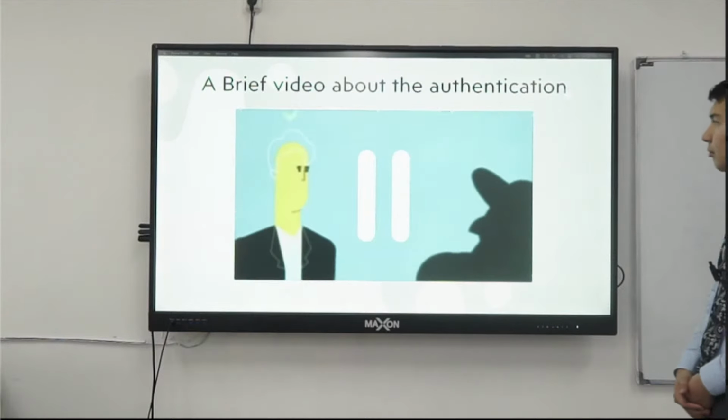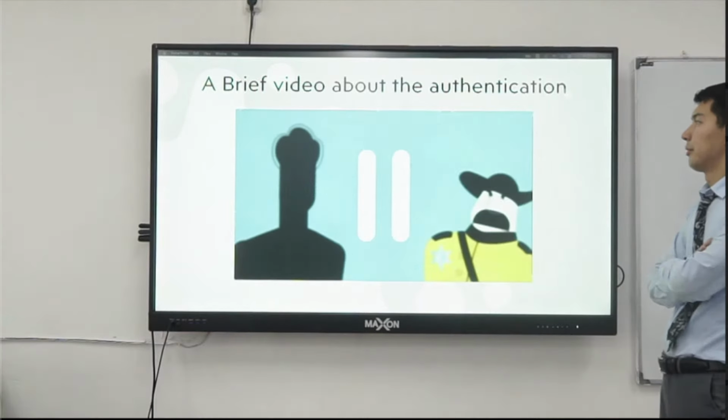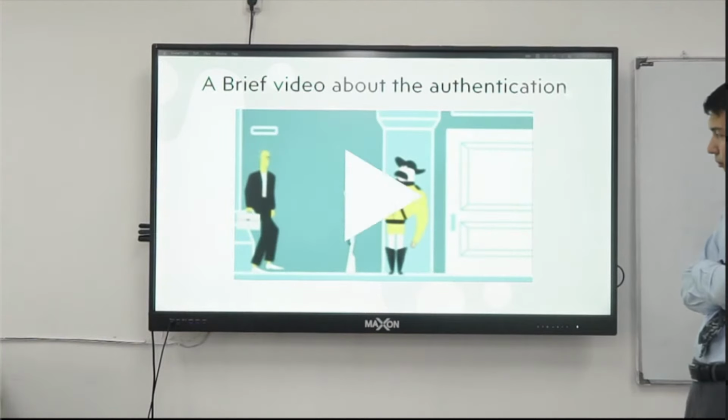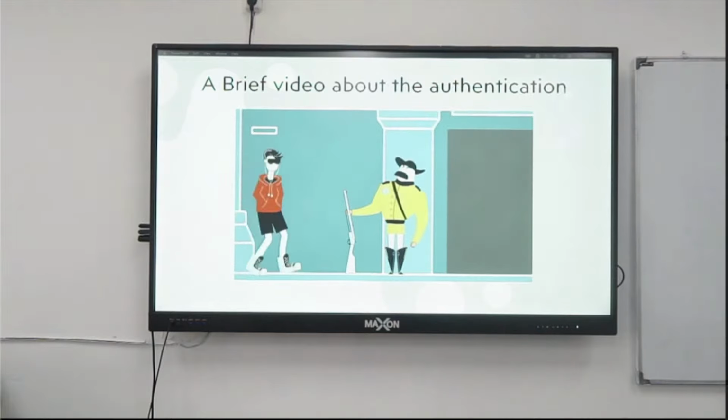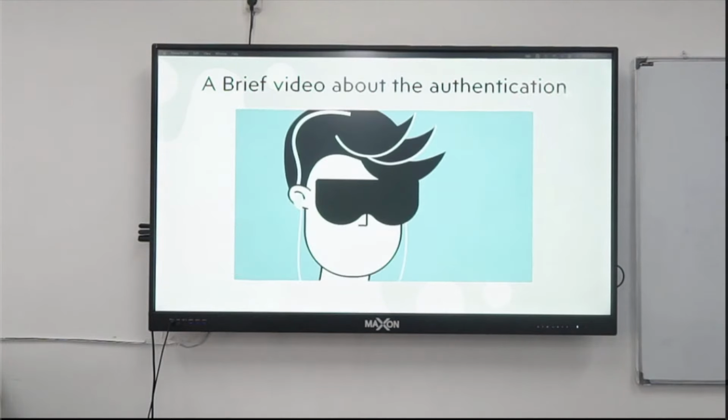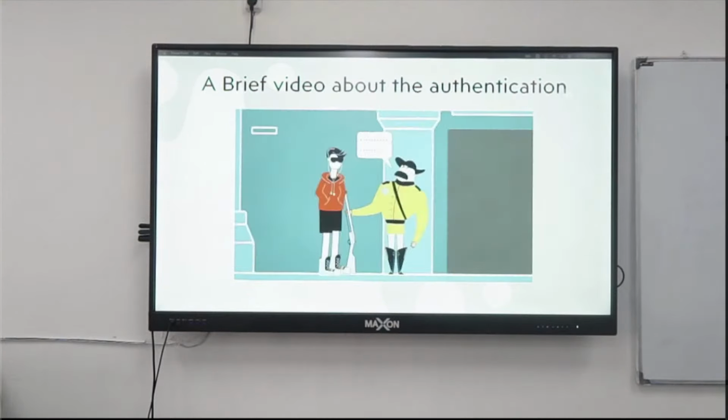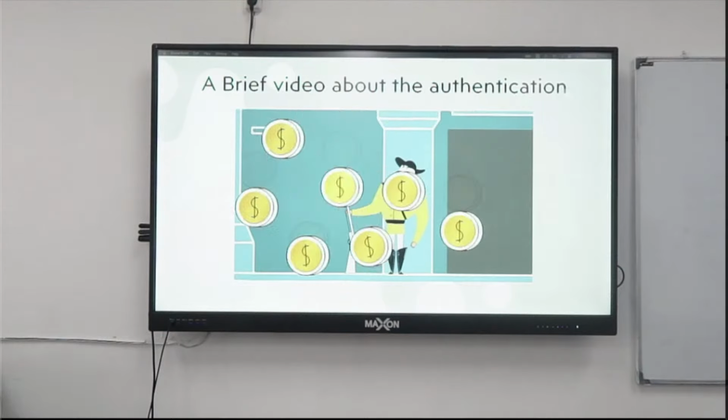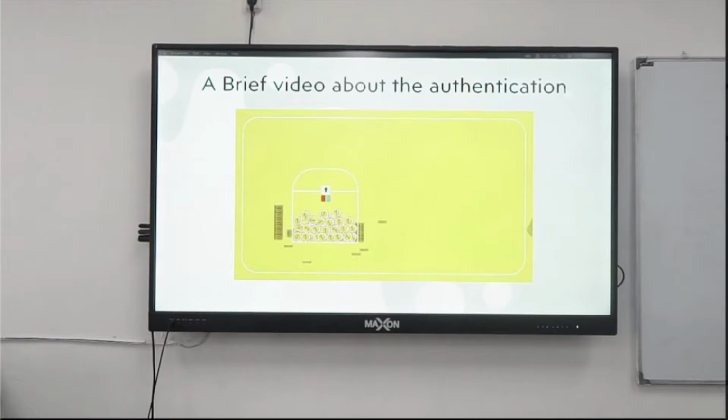The process of exchanging credentials for a badge is authentication. Inside the building, the user is only able to access his own resources.